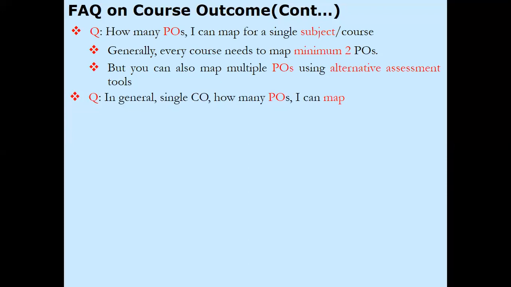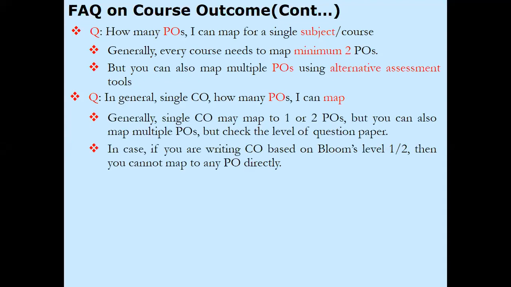There is another question: in a single CO, how many POs can I map? For example, I'm handling a subject called database management. With respect to that subject, how many POs can I map? That is the meaning of the question.